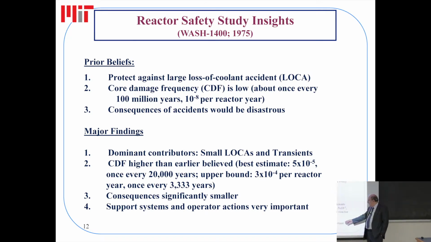And then it was the first time that human actions were declared as important contributors to risk. Because in the 50s and 60s and 70s, the designers were engineers. They were very good at thermohydraulics, transient analysis, and so on. Worrying about human error was considered a soft science that had no place in a hard science like nuclear engineering.